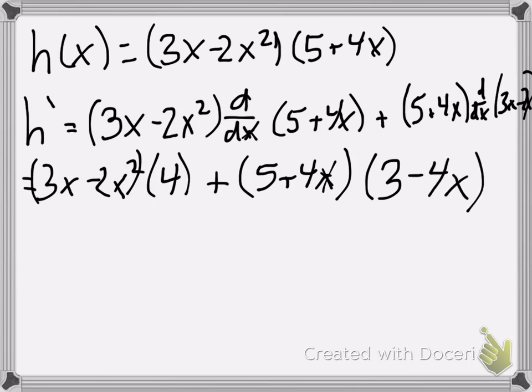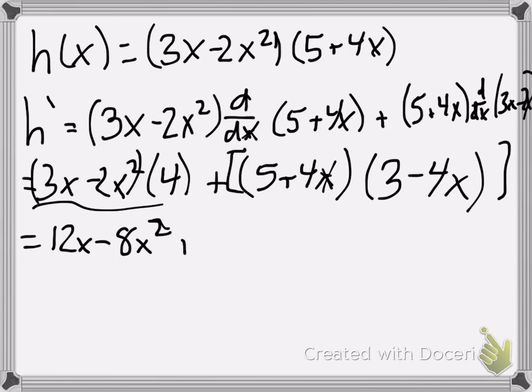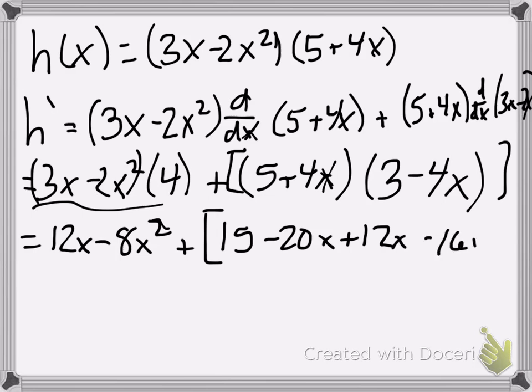And then from here, it's just some algebra. We can multiply the first two together, and I get 12x minus 8x squared. We can FOIL this part out, and we get 15 minus 20x plus 12x minus 16x squared. Why don't I simplify that part before I combine with the left product?